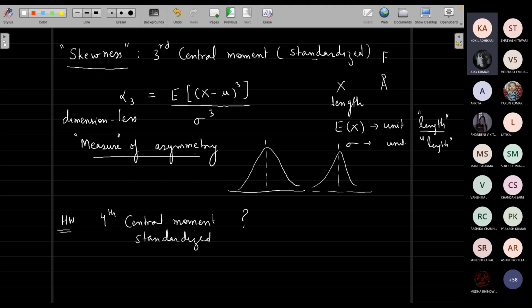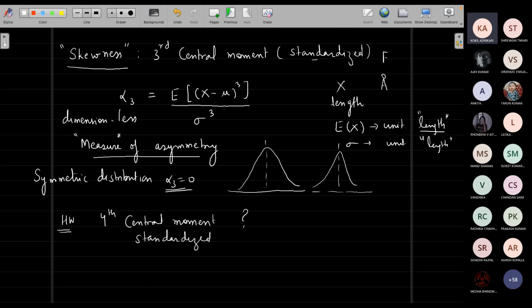Sir, could you please do it again? Third central moment. I gave you the definition, right? And I say that it is a measure of asymmetry. For a strictly symmetric distribution, like the normal, this value will be exactly 0.